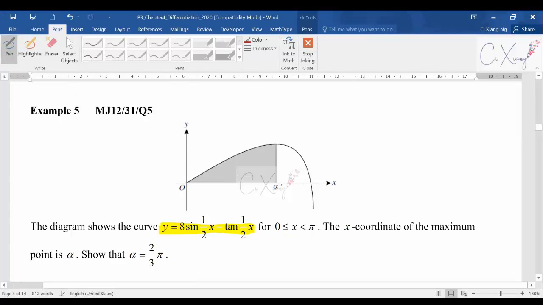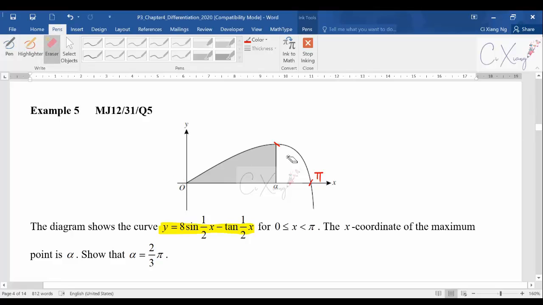So this is 0 and this is pi. The x coordinate of the maximum point is alpha. So this is the maximum point and its x coordinate is alpha. They want you to show that alpha is equal to 2 over 3 pi. So how can you show that alpha is 2 over 3 pi?